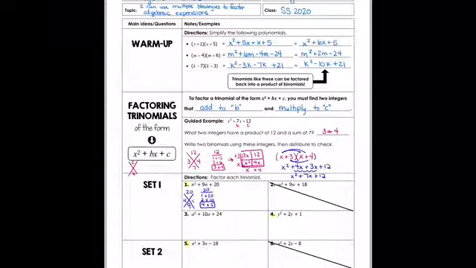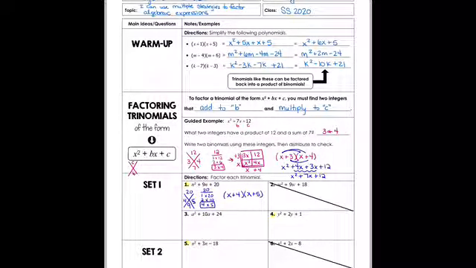So those would be the answers to my diamond problem. Now, as long as there's no number in front of x squared, the solutions to your diamond problem are always going to be the parts of your product. So you get x plus 5 times x plus 4. The order you write those doesn't matter because multiplication is commutative.